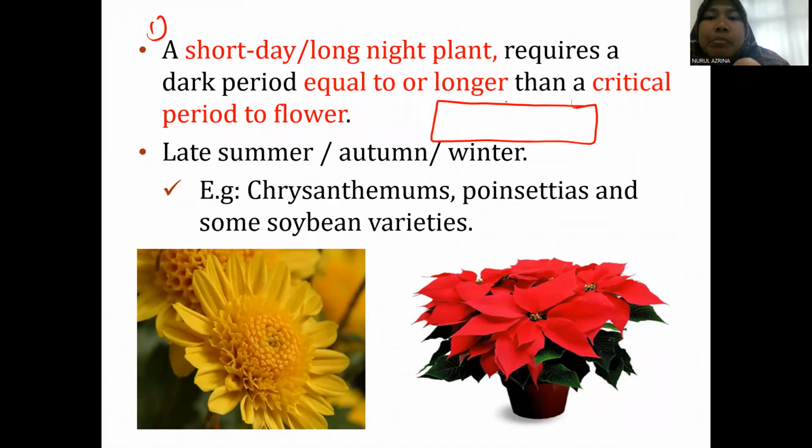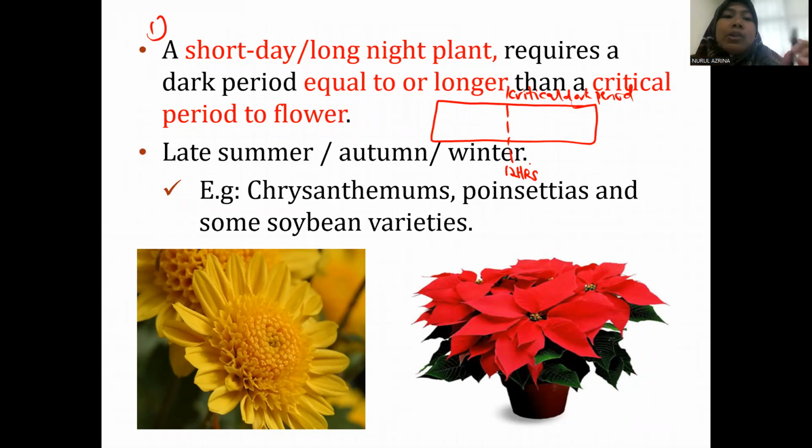So I put here, this is my critical dark period, where this critical dark period is 12 hours. All right. So this is the par, the standard of that particular plant.